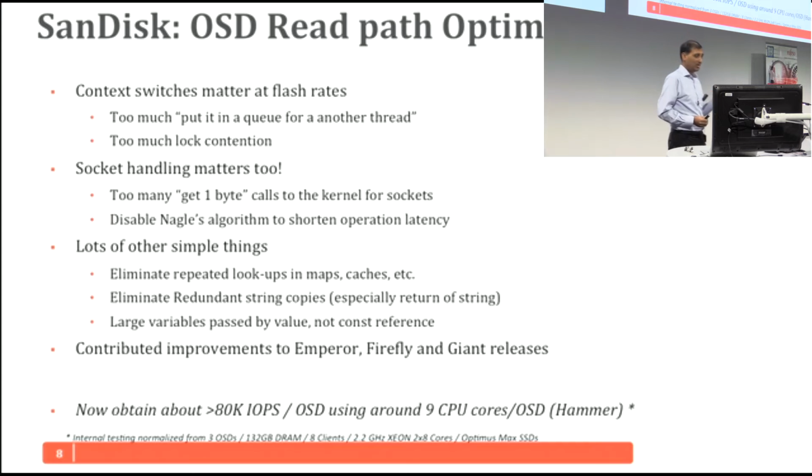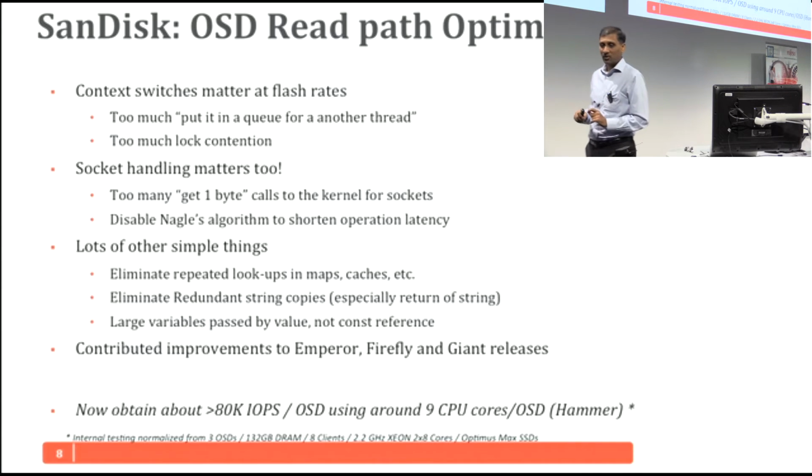Even at 1,000 IOPS, at the time when we started, we were consuming over 4.5 cores or so. Now we just doubled the core consumption, but for the amount of work that we're doing, it's become very, very optimal in terms of the CPU usage as well.